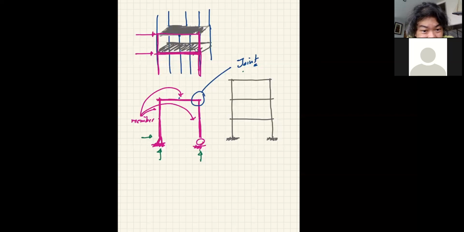Can you explain a little more how frame resists horizontal load? Let me try to do this again. Let's look at the frame. Internal load, we're going to have to wait. When we get into the frame, I will demonstrate how internal load occurs.